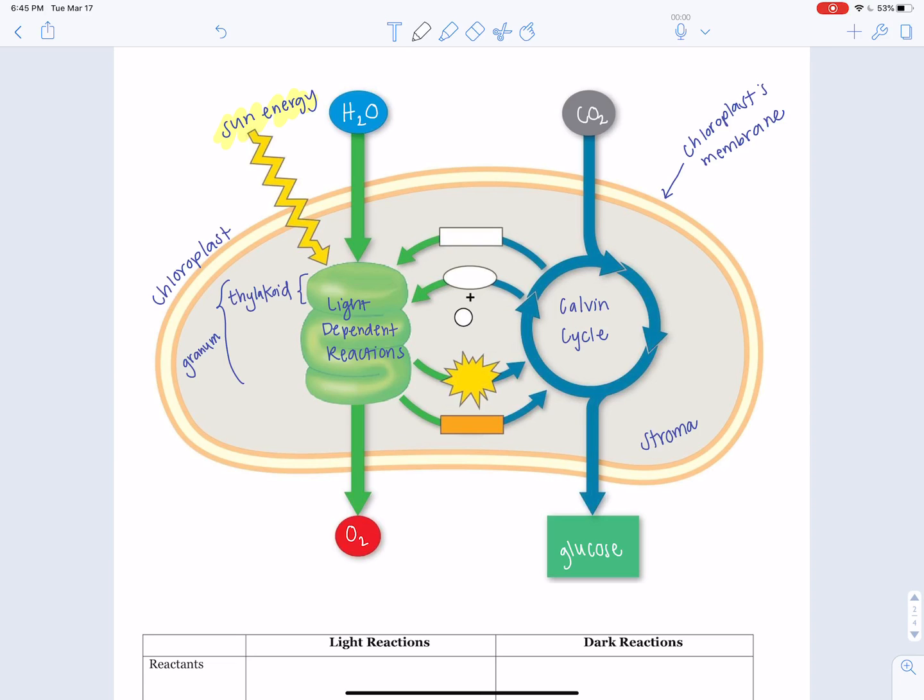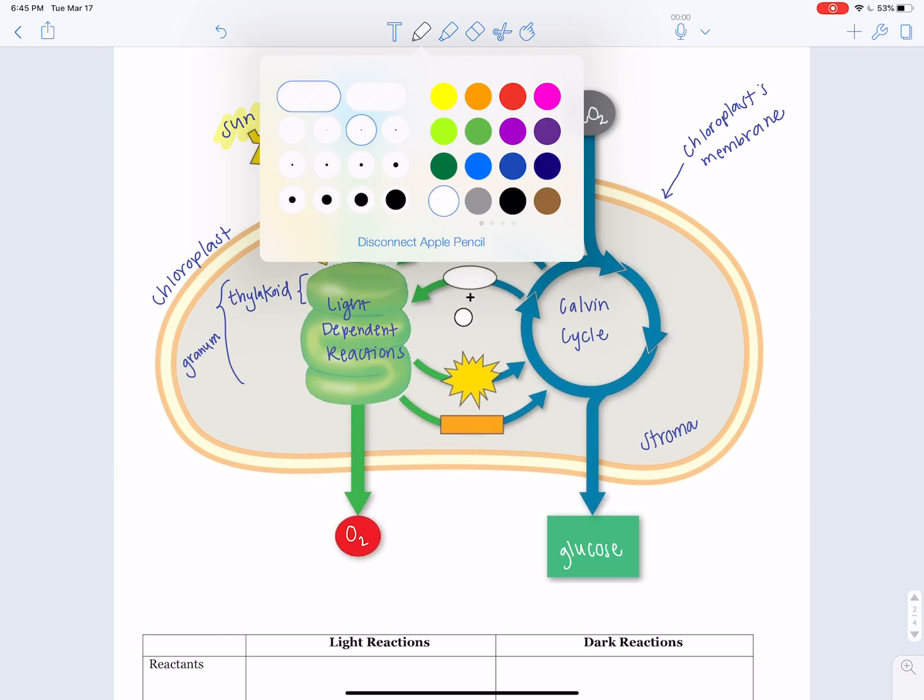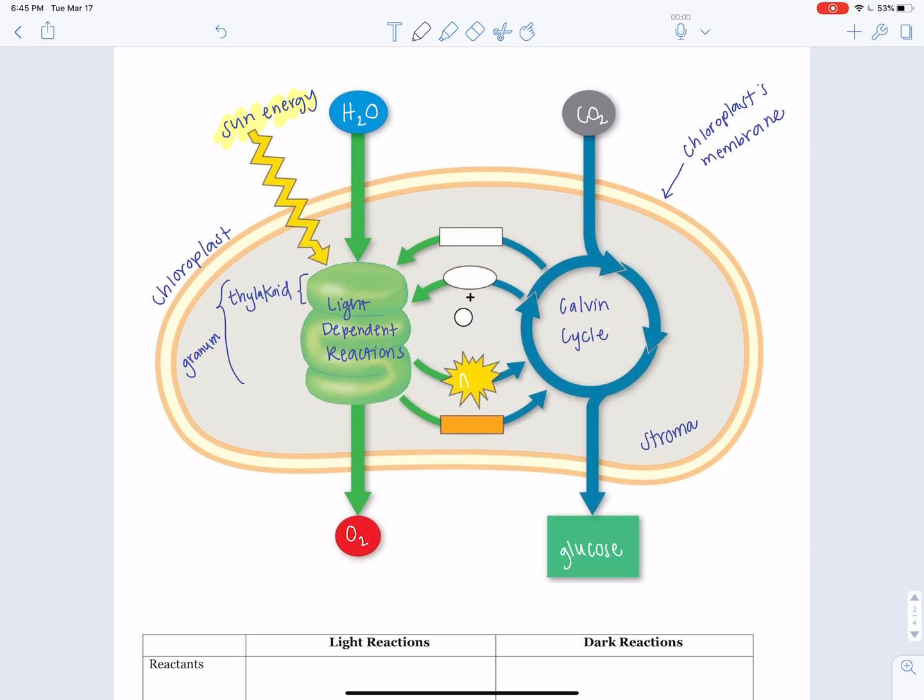And so what happens in the light-dependent reactions is our sunlight energy comes in, and through a series of reactions, the thylakoid will convert the sunlight energy into usable cellular energy in the form of ATP and NADPH.